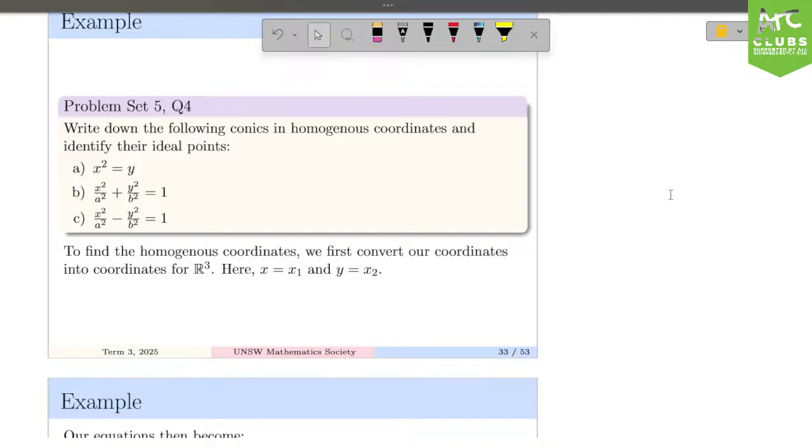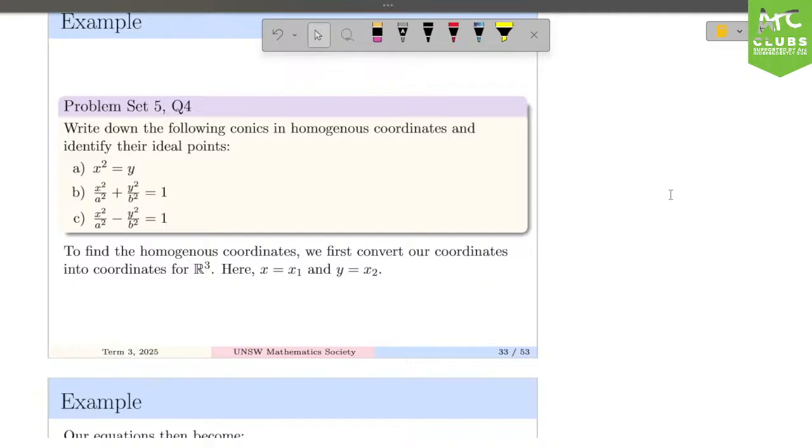And because we have the fact that 1, x, y is equal to lambda, lambda x, lambda y, we have that if the equation holds for x and y, it must also hold for lambda x and lambda y.